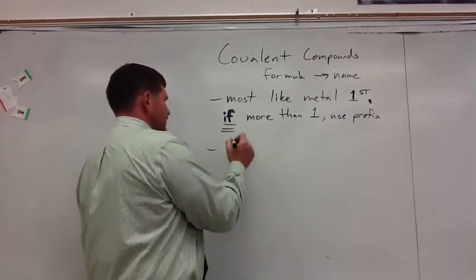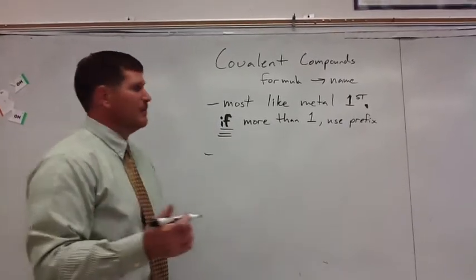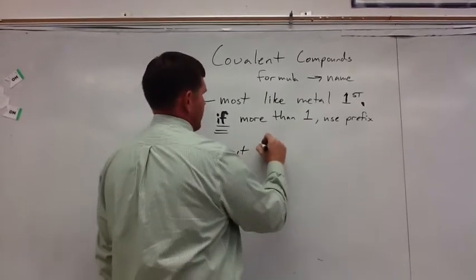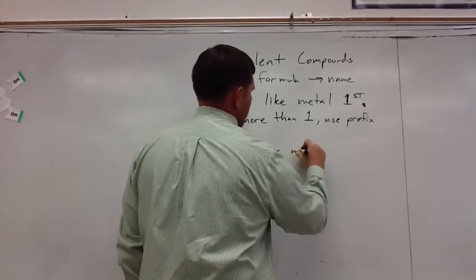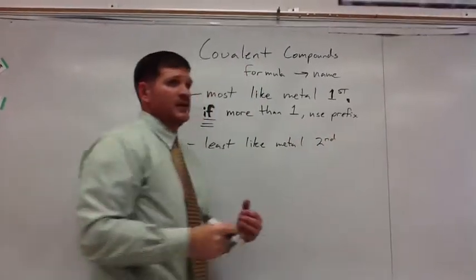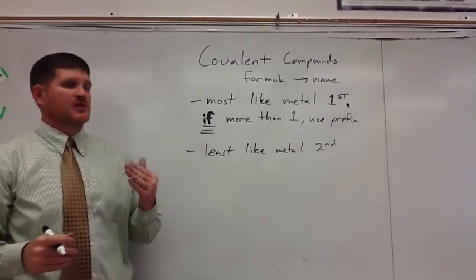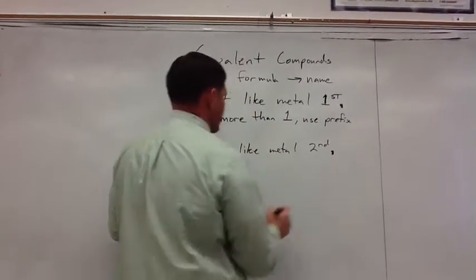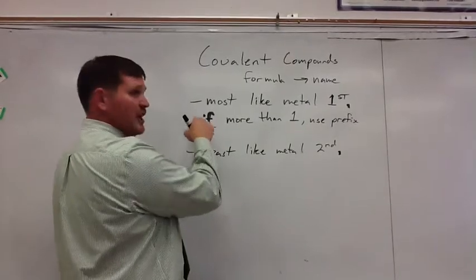Okay, next rule. I want to write the one that's least like the metal second. So this is the one that again is further away from the metals on the periodic table. Now, even more emphasis on this one. We had emphasis here on the if.